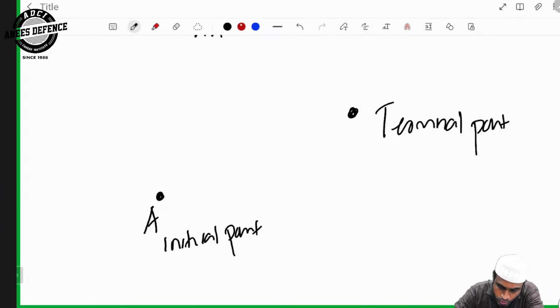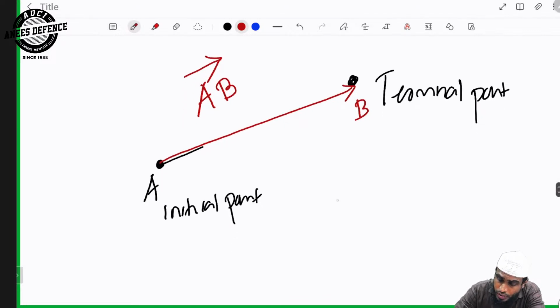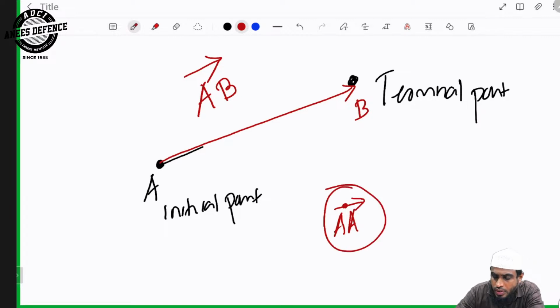So we are starting from A and we are reaching B. So this is represented as vector AB, where A is the initial point and B is the terminal point. So in a zero vector, our initial point and final point both are the same. Then we can say that this is a zero vector because the magnitude is 0.